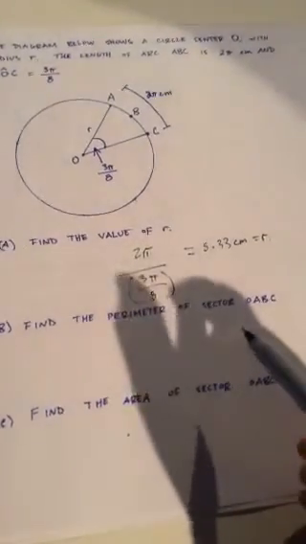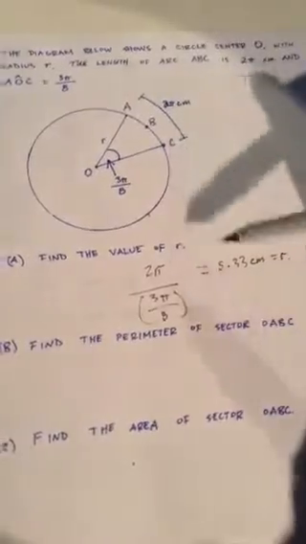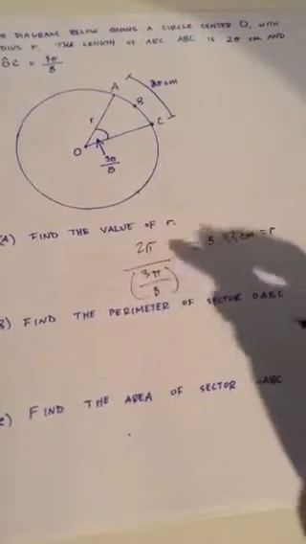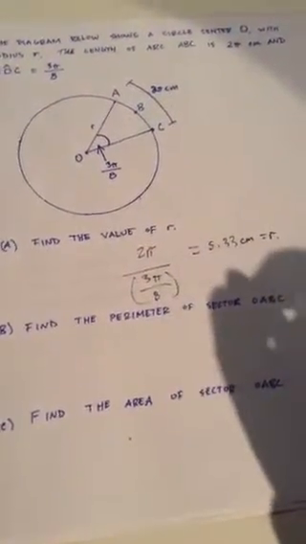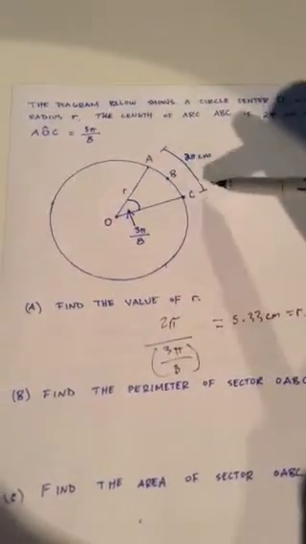Find the perimeter of sector OABC, so this sector, and we know the equation for arc length, and we have the arc length.